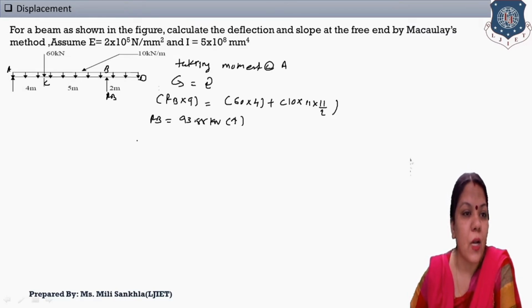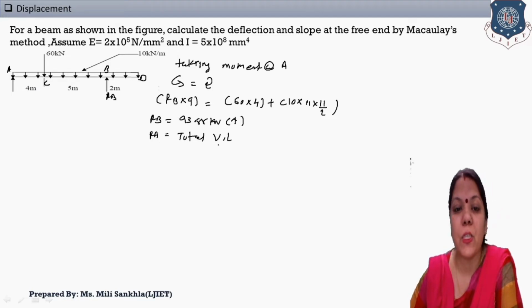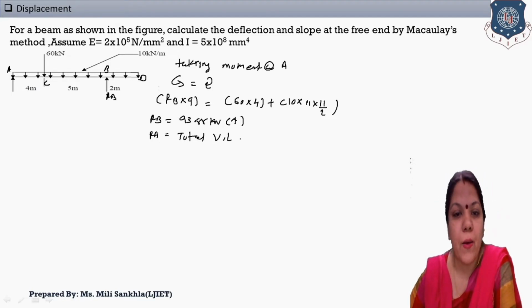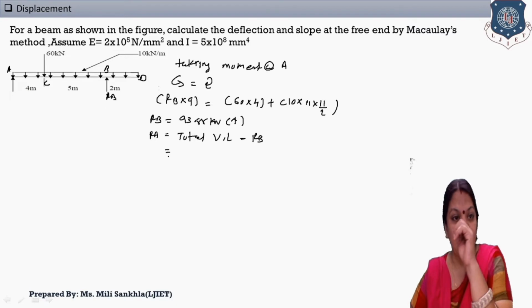Now find RA. RA is equal to total vertical load, VL is the short form of vertical load, V means vertical, L for load, minus our support reaction RB. Now what is the total vertical load of this given overhanging beam?